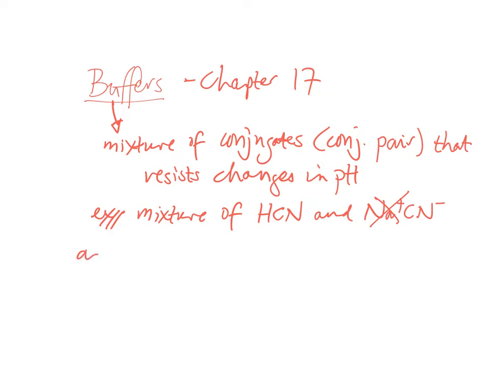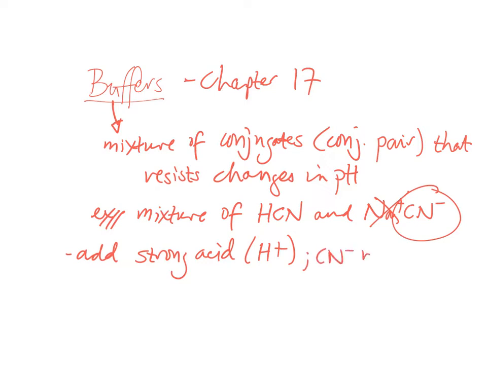So if I add a strong acid, we're just going to call that H+. When I add that strong acid, which of the two parts of this buffer system would react with it? Understandably, it should be the part that has the opposite of the positive charge, and it's going to be CN minus. So CN minus responds, and it responds by sticking to H+.